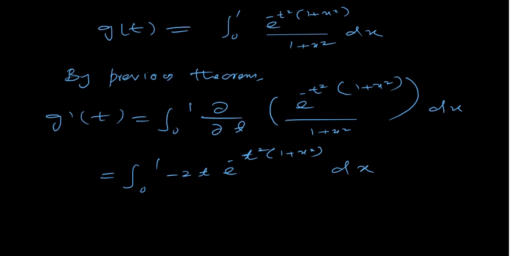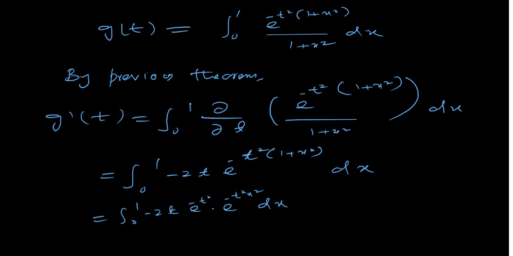These two will cancel. So this is equal to the integral 0 to 1 of minus twice t into e power minus t square into e power minus t square x square dx.